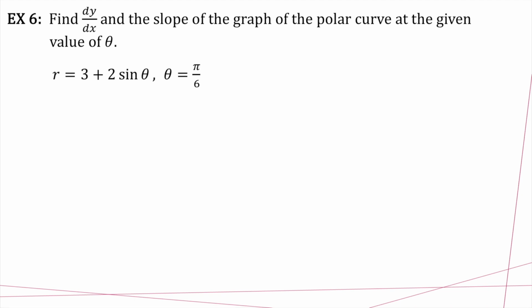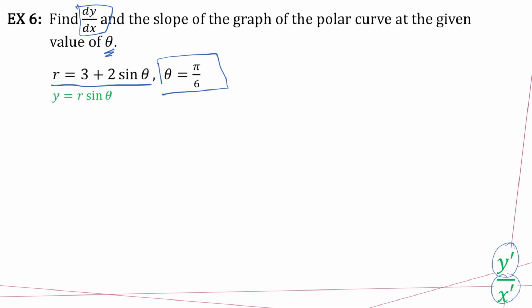For example 6, we're going to find dy dx at a particular value of theta. And what we know on the polar curve is that r equals 3 plus 2 sine theta. And we're curious about what's happening at pi over 6. What's the slope of the graph there? Now remember, we need to find y prime over x prime. So y equals r sine theta.